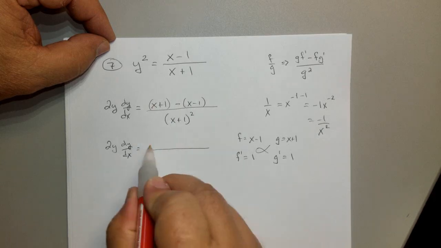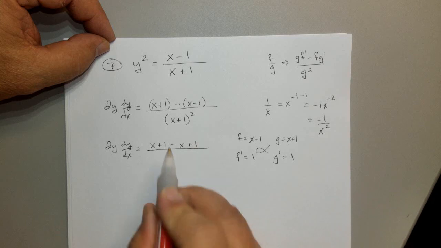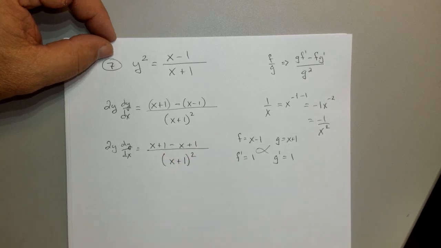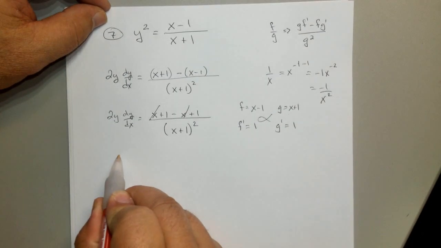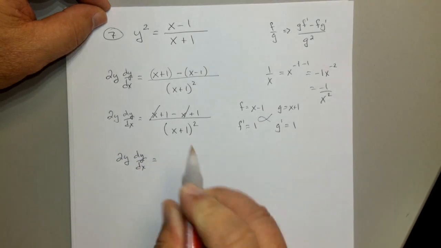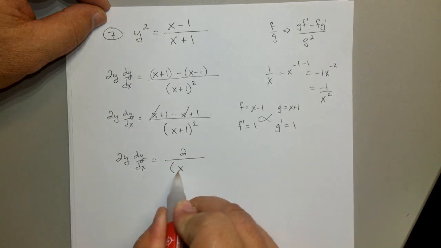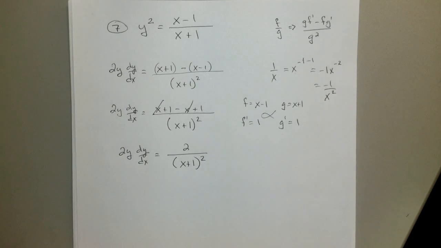So we get rid of the parentheses on top. X plus 1 minus x plus 1. X's cancel. Plus 1 is 2. Plus 1 squared. One more step.